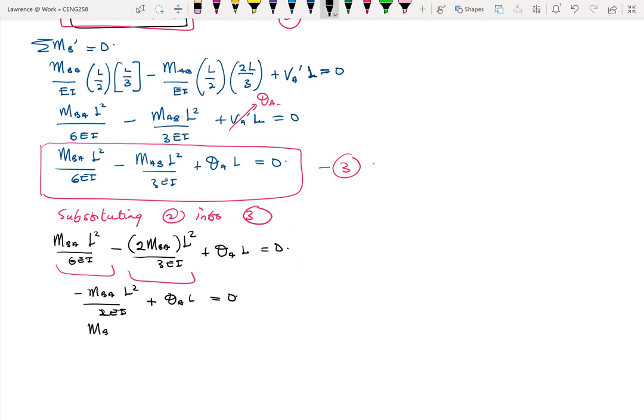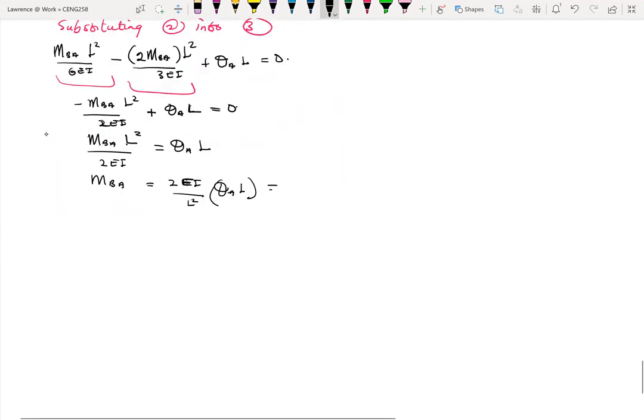Okay, so MBA L squared over 2EI will be equal to theta A times L. So it means that our MBA will be equal to 2EI over L squared times theta L, which then is the same as 2EI over L times theta.